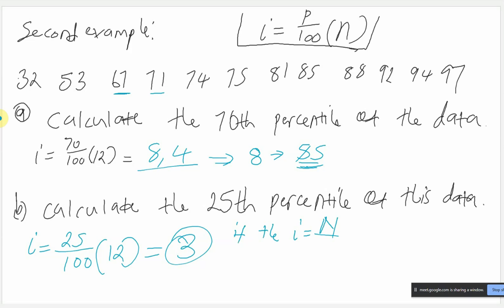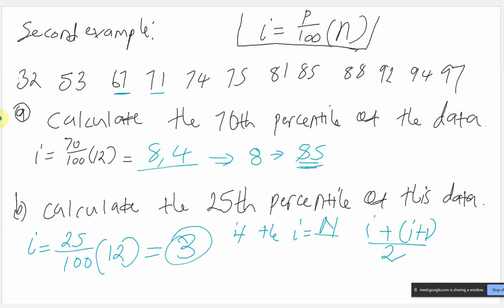Natural numbers start at 1, 2, 3, 4, 5. These are the counting numbers. So if i is in the set of natural numbers, it means that you take the i-th value and add it to the (i plus 1)-th value, then you divide that by 2.